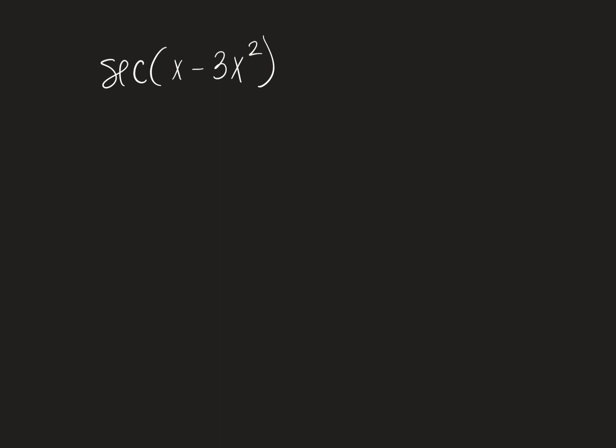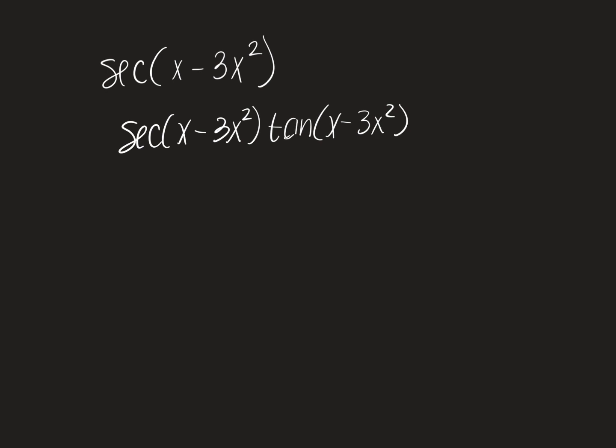Secant of the inside, tangent of the inside, times the derivative of the outside. Let's do this one together. So it's secant of x minus 3x squared times tangent of x minus 3x squared. That's what it means by secant tangent. And then times the derivative of the inside part there.